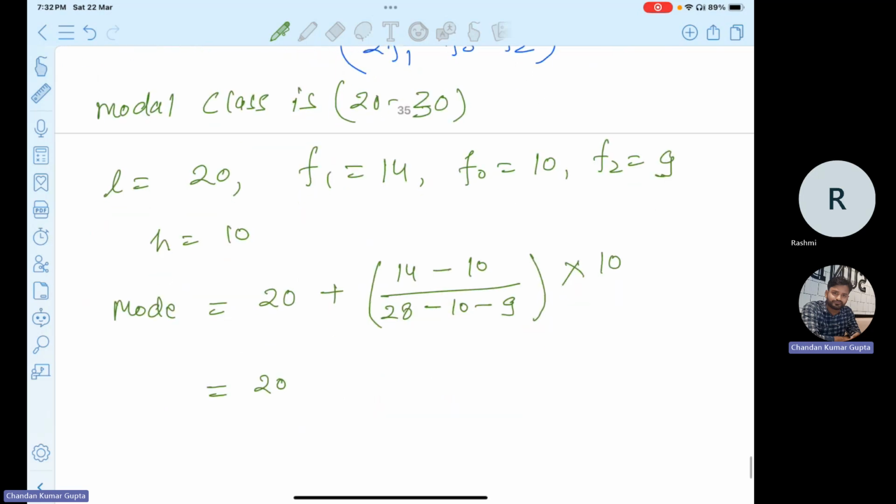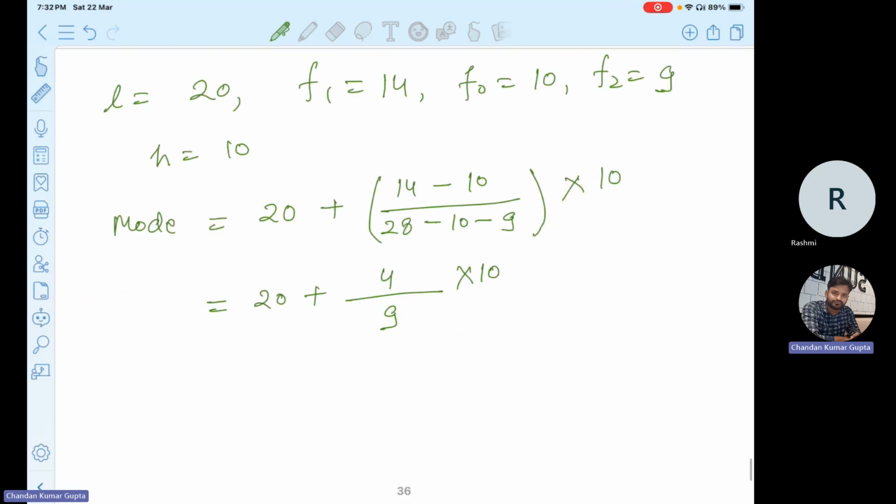So this implies 20 plus 4 upon (28 minus 10 minus 9, which comes out to be 9) divided by 10. Okay. So it is 20 plus 4 into 1.11 and so on.